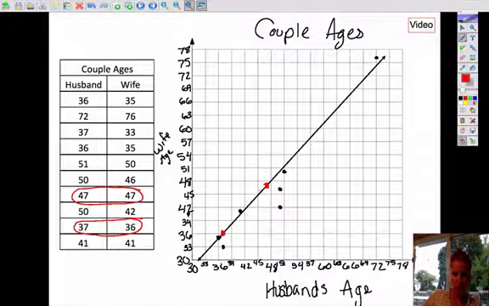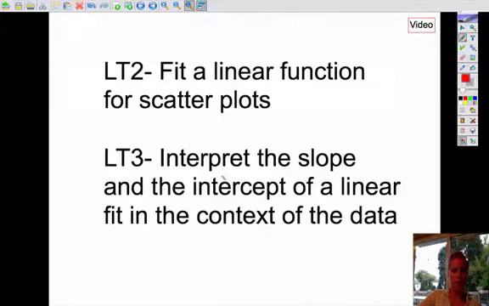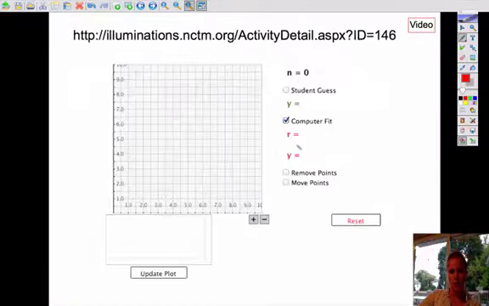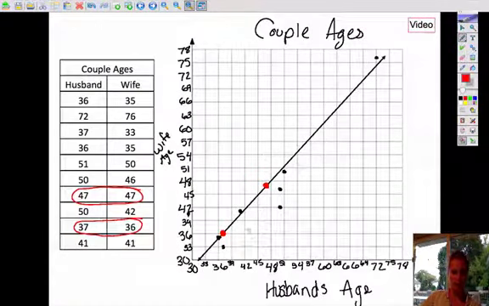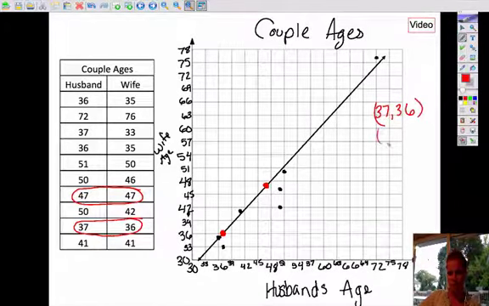So I've chosen 2 points on my line, and now I want to talk about the slope, because our learning target here is to interpret the slope and the intercept of a linear fit. So we're going to take a look at this line that I've made. I have the 2 points, and I'm going to write them over here: 37, 36, and 47, 47.